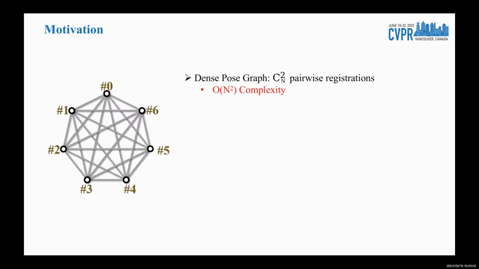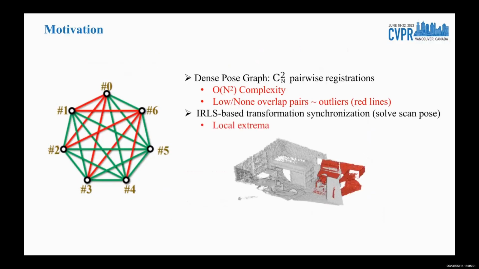Firstly, constructing a dense pose graph requires C(n,2) pairwise registrations, resulting in an n-squared level of computational complexity. Additionally, low overlap or non-overlapping point cloud pairs lead to a large number of erroneous pairwise relative poses, called outliers, which can cause the subsequent IRLS-based absolute position and orientation estimation to become trapped in local minima.